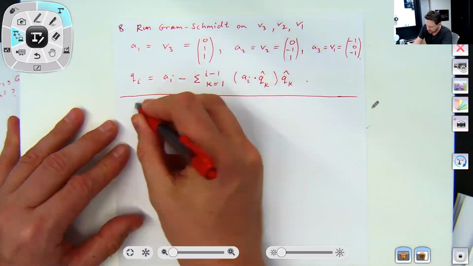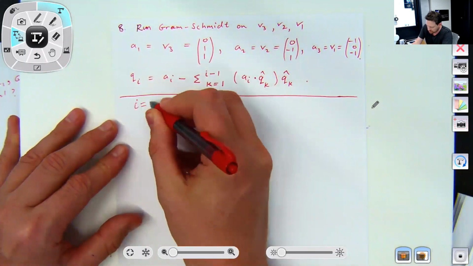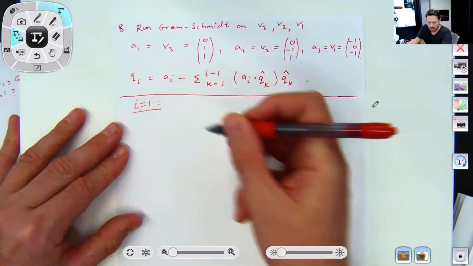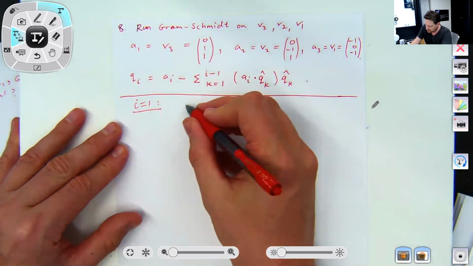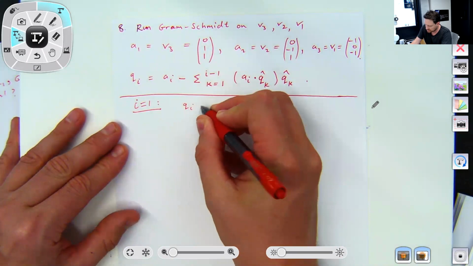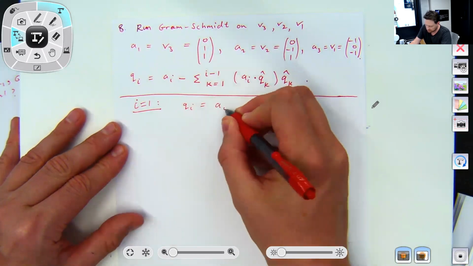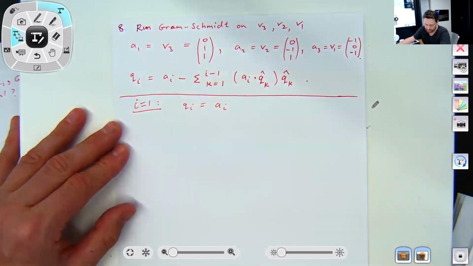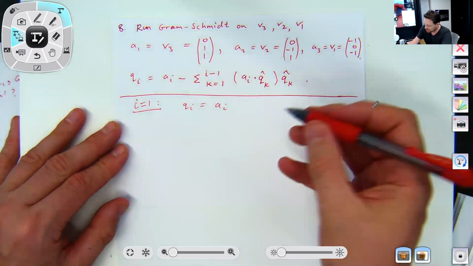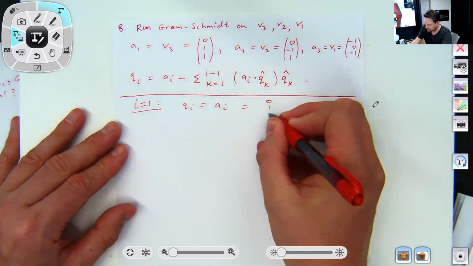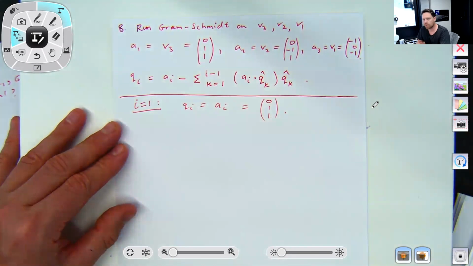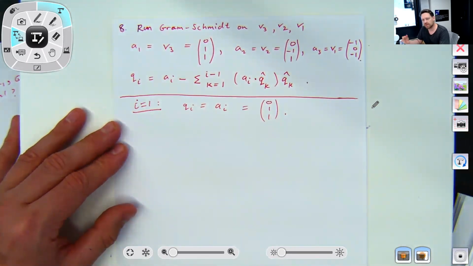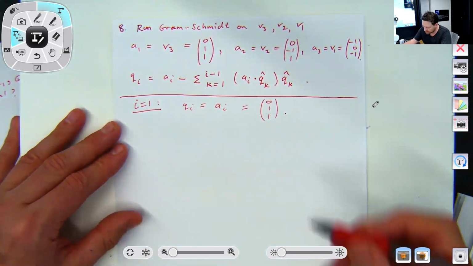So put i equals 1, the case we'll look at first. Then this just says that Q subscript i is equal to A_i minus 0, which of course is just A_i. So this is (0, 1, 1). And now straight away we can take the norm and divide by that norm and get the unit vector Q1 with a hat on it.